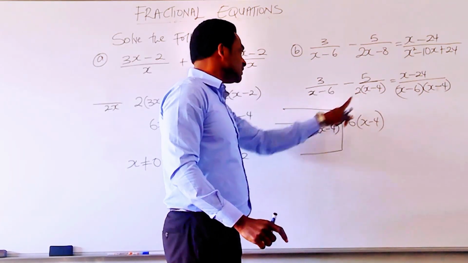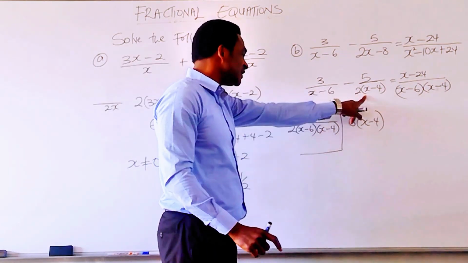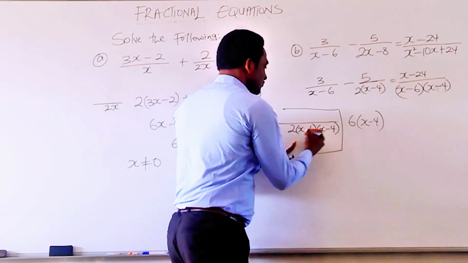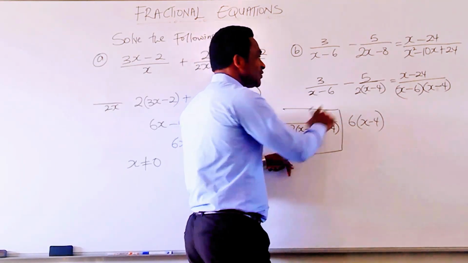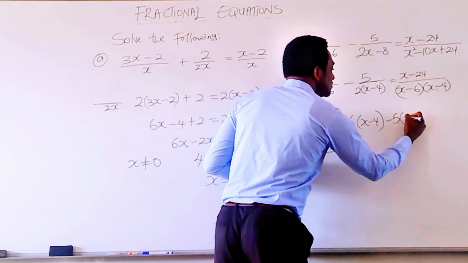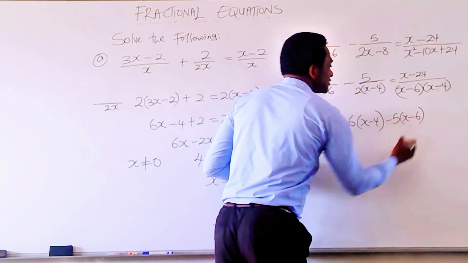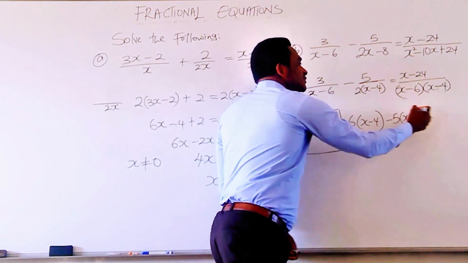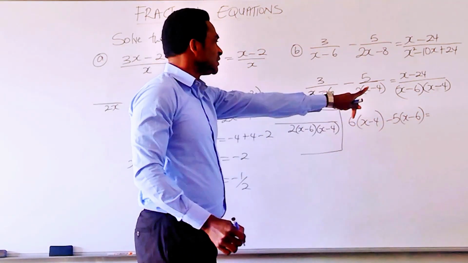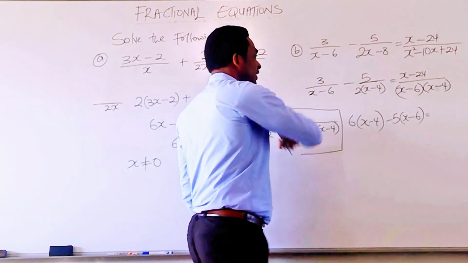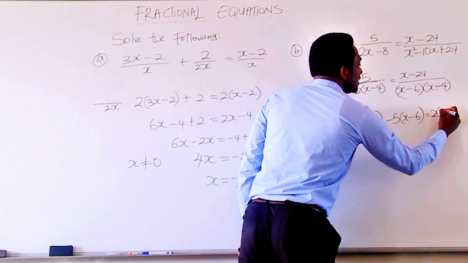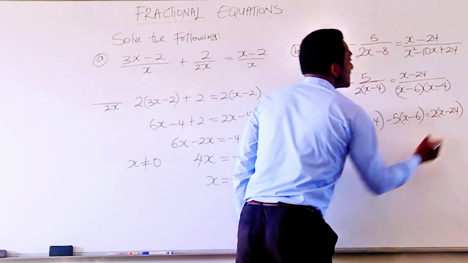Then our LCD being divided by this, 2x minus 4, we cancel out 2x minus 4, we have x minus 6 left. So we have negative 5 into x minus 6, equals to the last part. That's being divided, x minus 6, x minus 4 will be cancelled out. We have 2 into x minus 24.